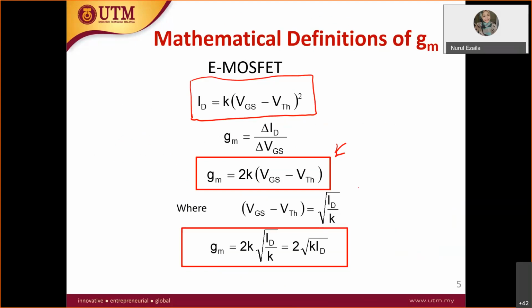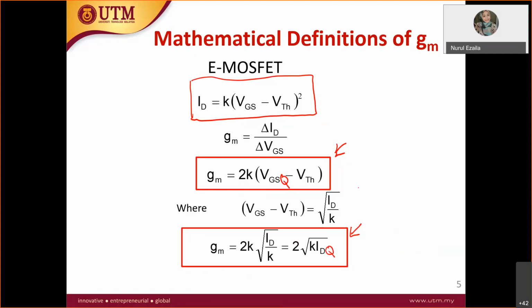This K is actually a constant value. GM is also equal to 2 square root of K ID. If ID is given, then you can use 2 square root of K ID. So this ID actually represents IDQ and this VGS represents VGSQ.